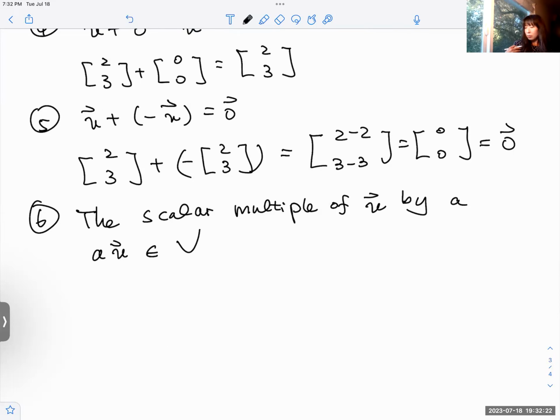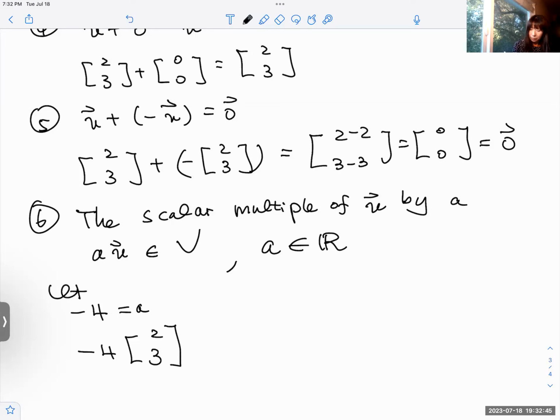Let me pick a, where a is any real number. So negative 4 as a. Negative 4 times u gives us negative 8, negative 12. Is it in V?